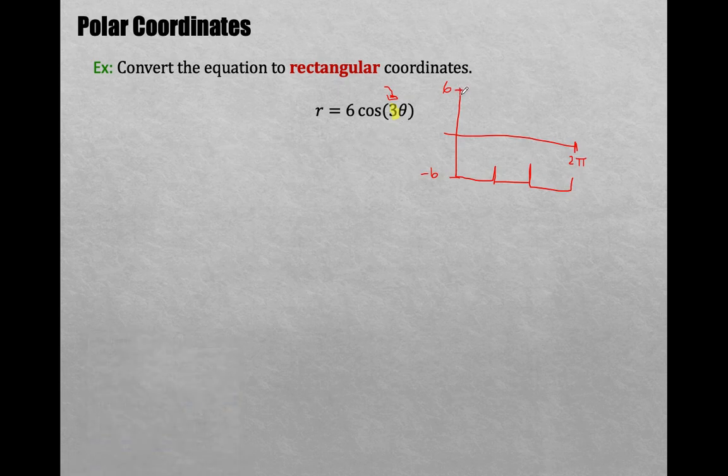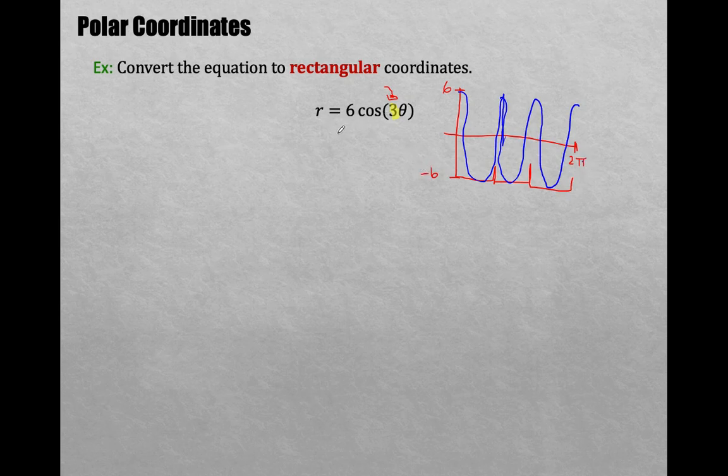No judging, I've got to fit one cosine graph in there. One here and one here. 3 cosine graphs in a distance of 0 to 2 pi.